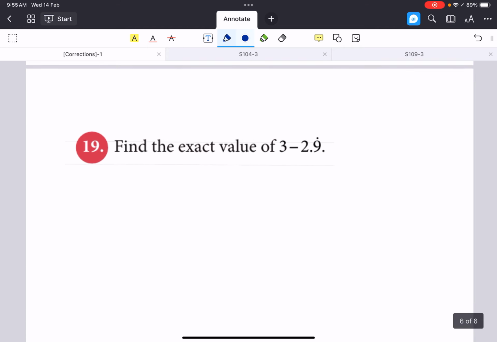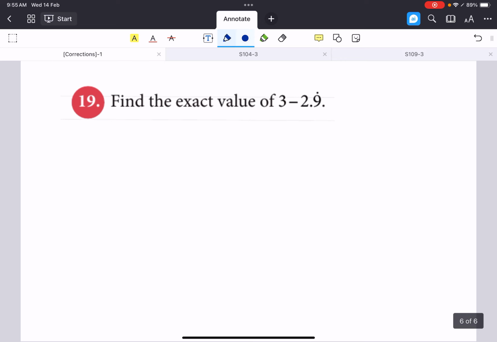Finally, the last question I ask you to try is to figure out the exact value of 3 minus 2.9 recurring. So how do we actually deal with this? Now, what exactly is 2.9 recurring? That is something that we need to figure out. If we are going to let A be equal to 2.9 recurring, that means 10A, multiplied by 10, is 29.9 recurring.